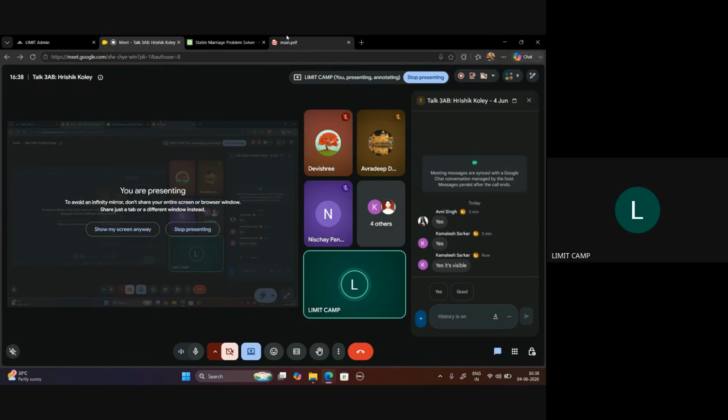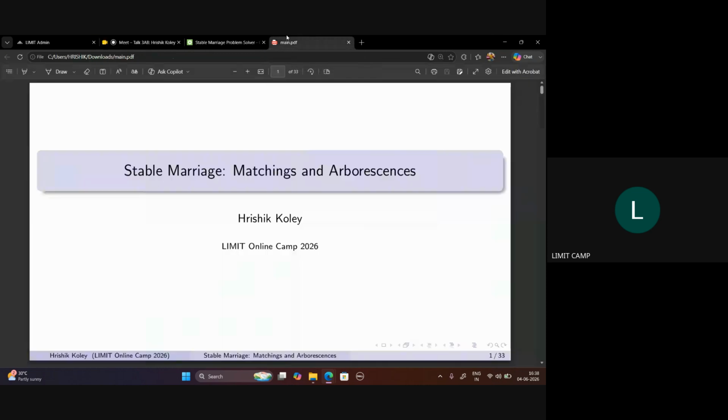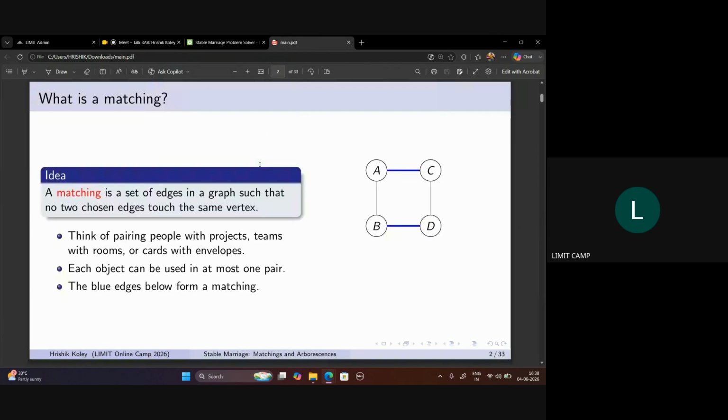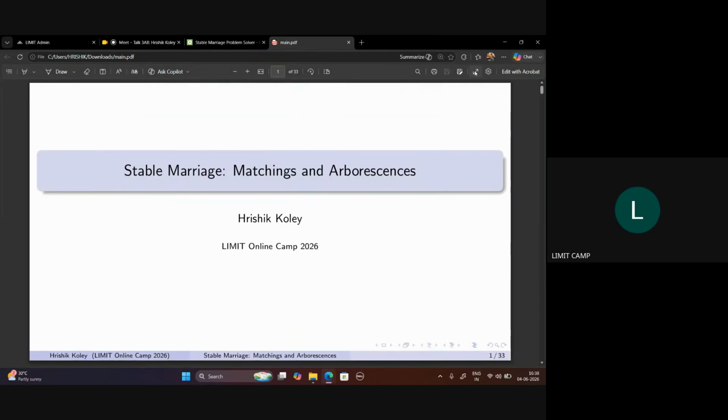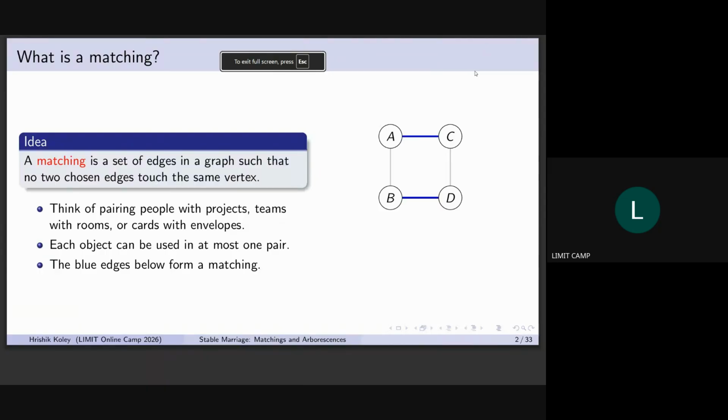Okay, if everyone knows, then since all of you know what a graph is, let me quickly go on to something called matchings.